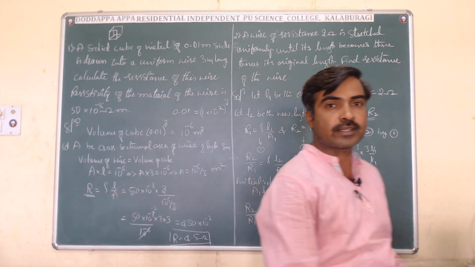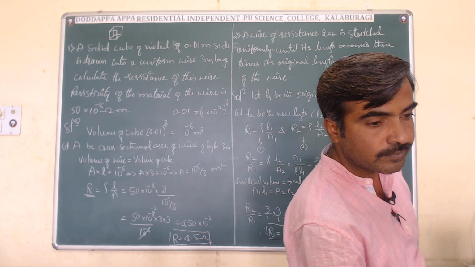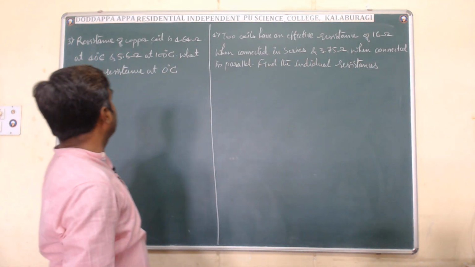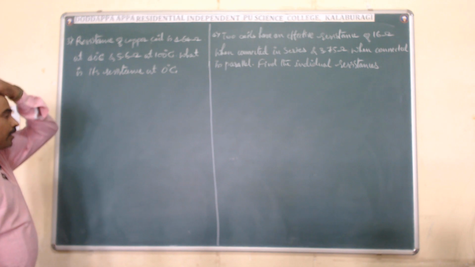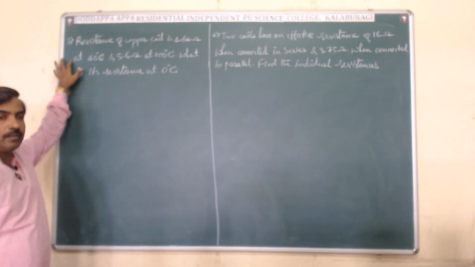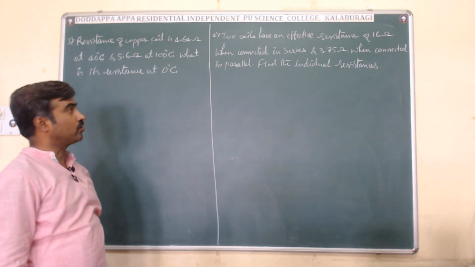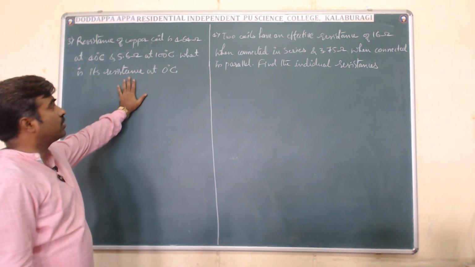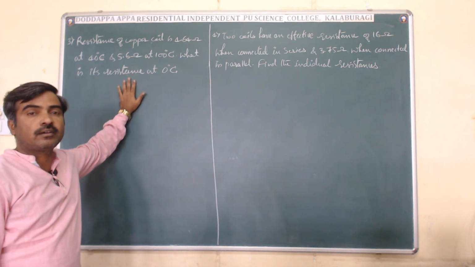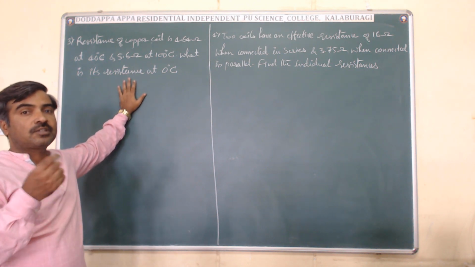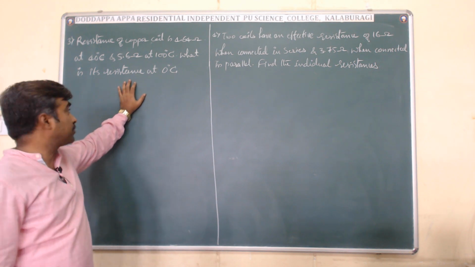Now, we will go for the next one. Okay, so the next question, again these are the basic types of questions, is based on the concept of resistance depending upon temperature.